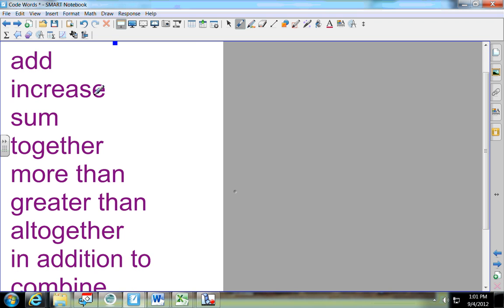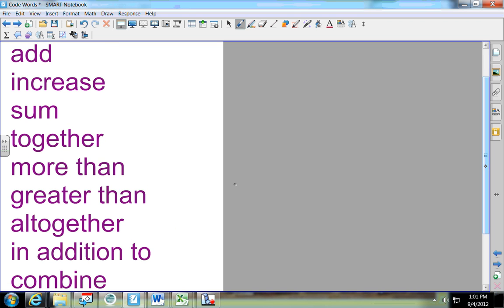Add, increase, sum, together, more than, greater than, all together, in addition to, and then combine. Does that mean that's all that there is in the whole wide world?